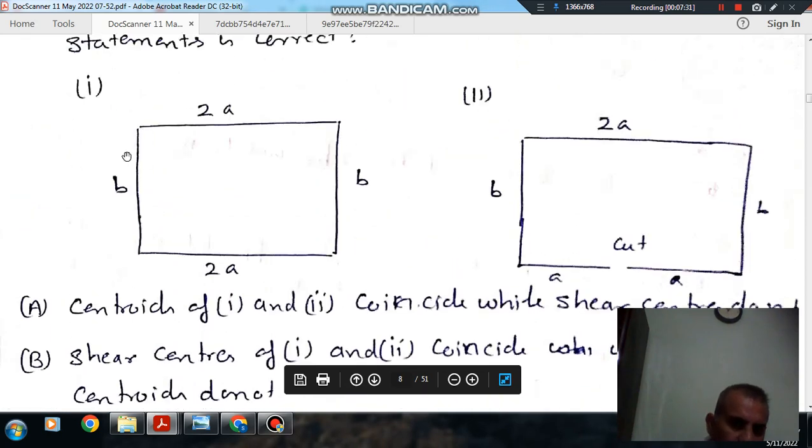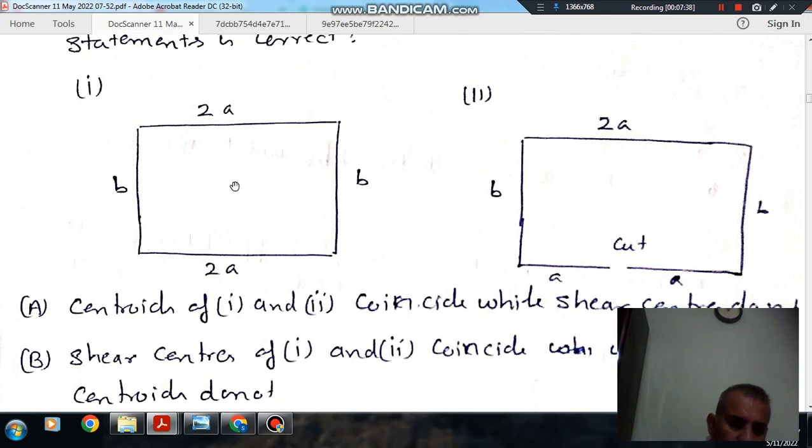When it is fully closed, the shear center and the centroid coincide. Shear center is the point where if we apply force, there will be no twisting moment.